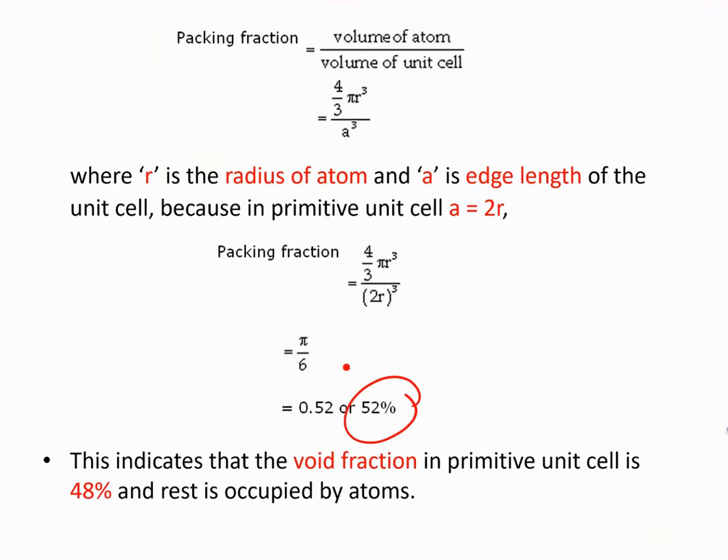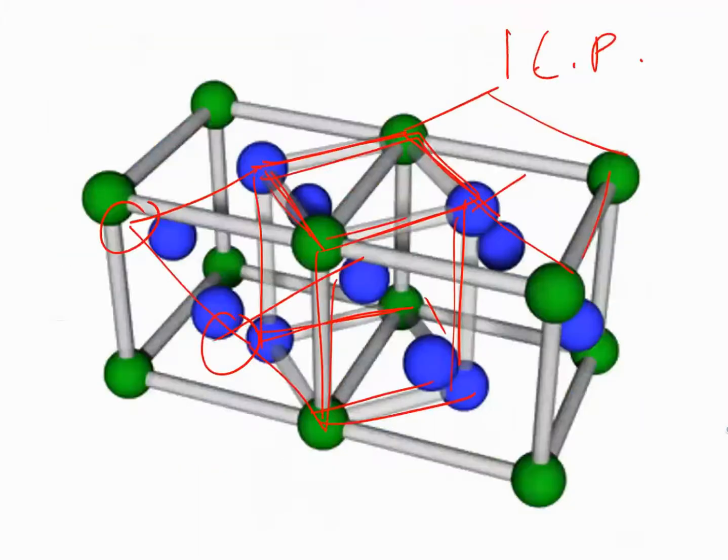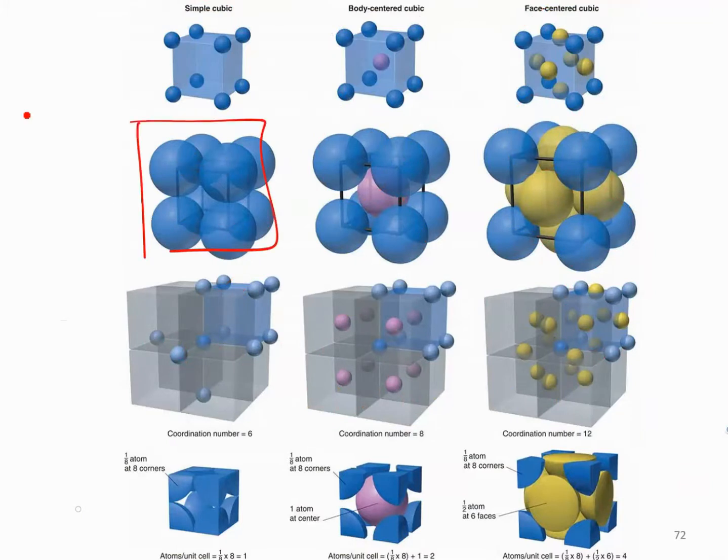That means the void fraction in the primitive cell is 48%, and then 52% is occupied by atom. So you can see from this picture, 52% is occupied by the atom, and then 48% are empty.